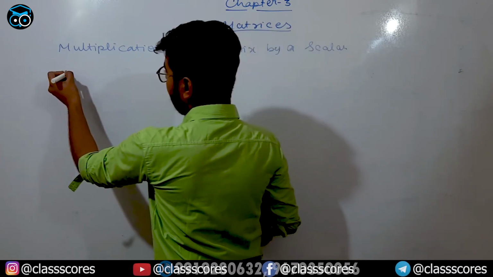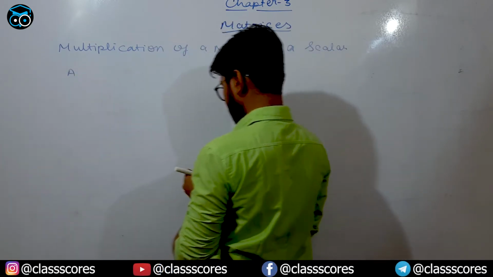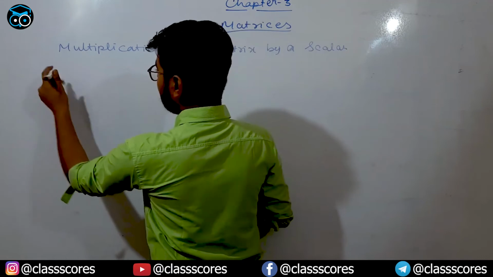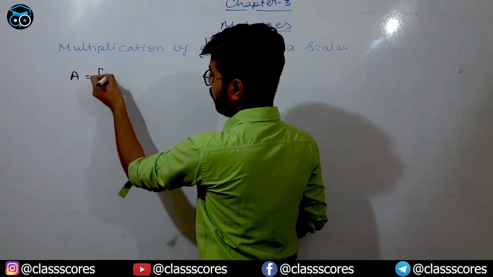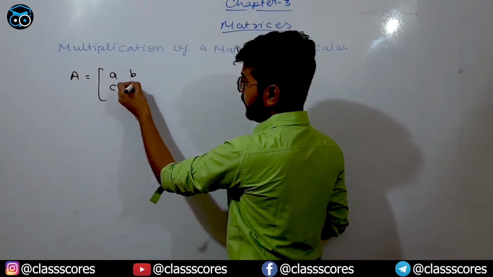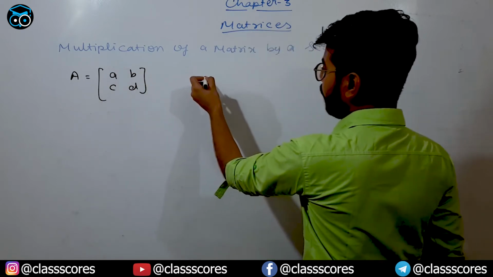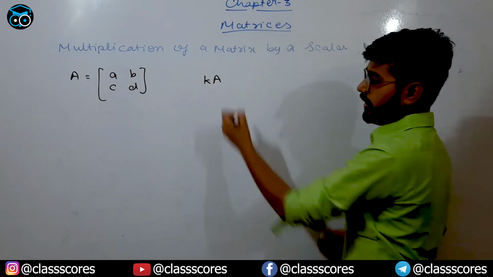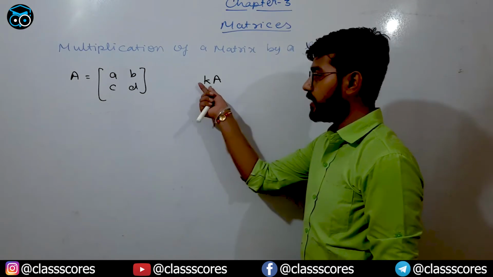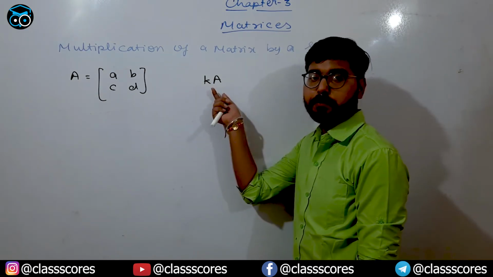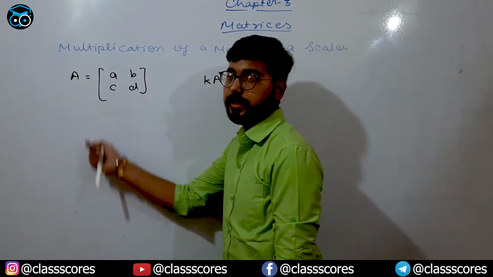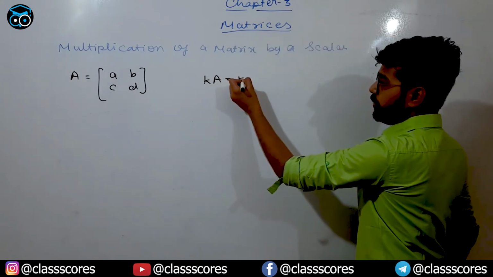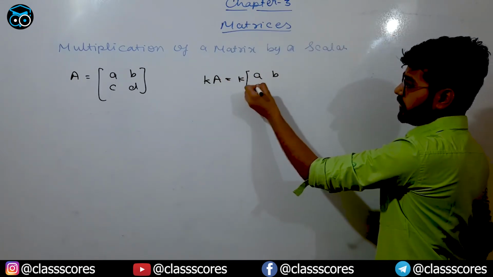Suppose a matrix is given, that is A equals a, b, c, d, and we need to find the value of kA, meaning a scalar number k is multiplied with the matrix A, then we write a, b, c, d.